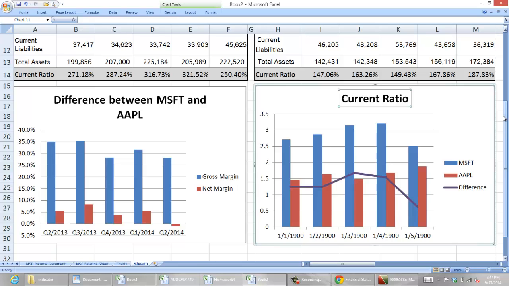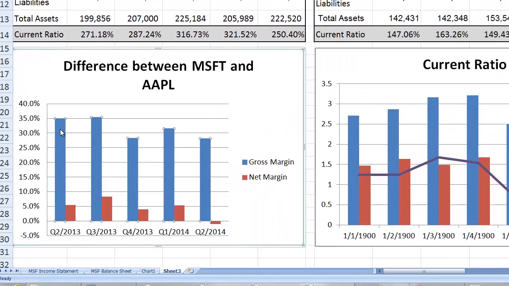And the last one is inventory. If you have too much inventory, it may not be good, because it could mean that you cannot sell as much as you want, or your product is out of date. Now, these may be one reason why you see your net profit here pretty low compared to Apple, of course.